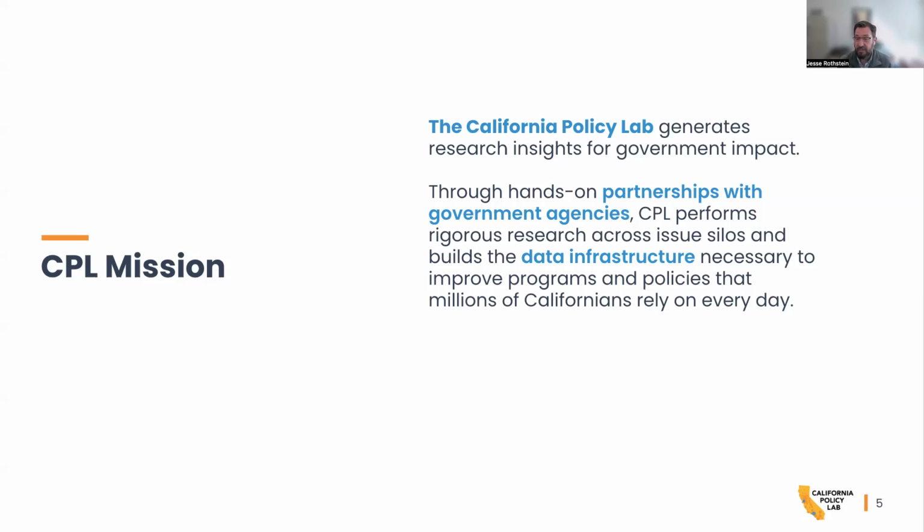We try to break down the silos that sometimes keep agencies from working together and that may interfere with the ability to understand whether programs are really working. Along the way, we build the data infrastructure we need to do all of that work, with the long-term goal of improving programs and policies that affect Californians.